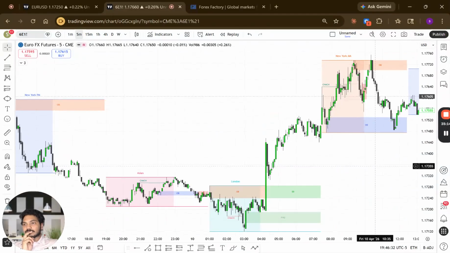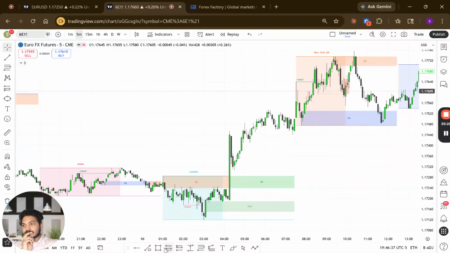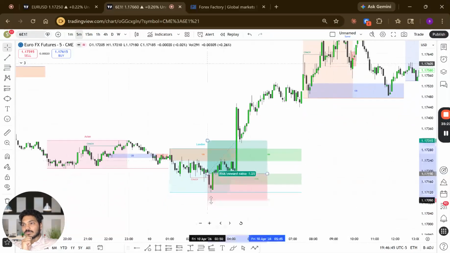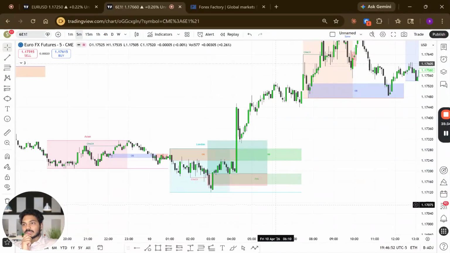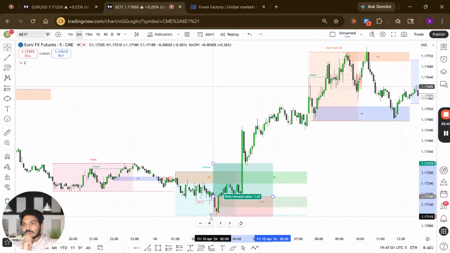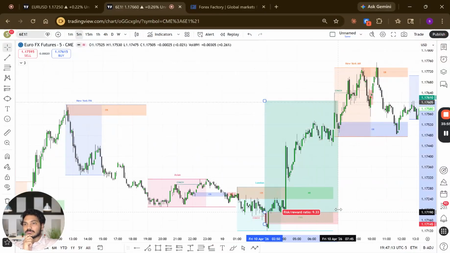So if we can anticipate a trade here, taking a long position at the entry of this fair value gap, we can either mark the stop a little lower than the fair value gap low, or we can also go below this low. Our target would be these highs here.